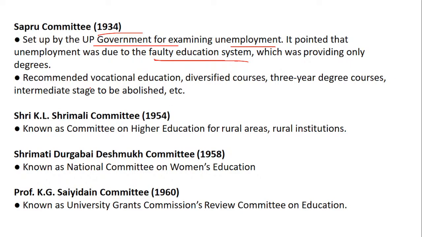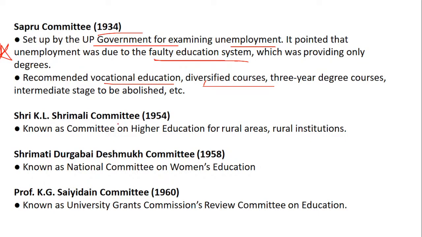This committee recommended education for skills with reference to employment, diversified courses, and that 3-year degree courses with the intermediate stage be abolished. So basically this committee was very serious about employment, and wanted improvement in the quality of education.